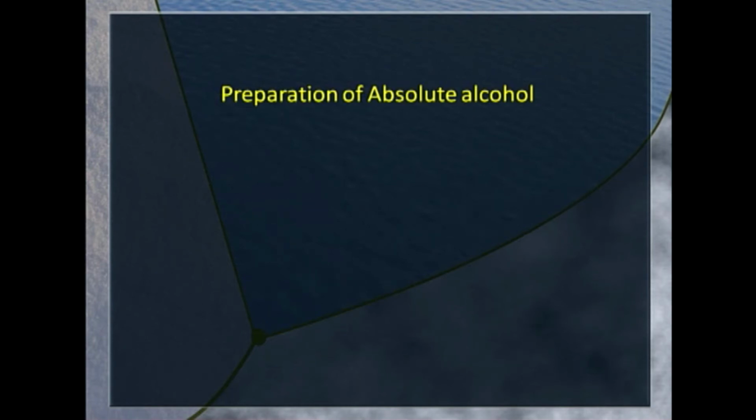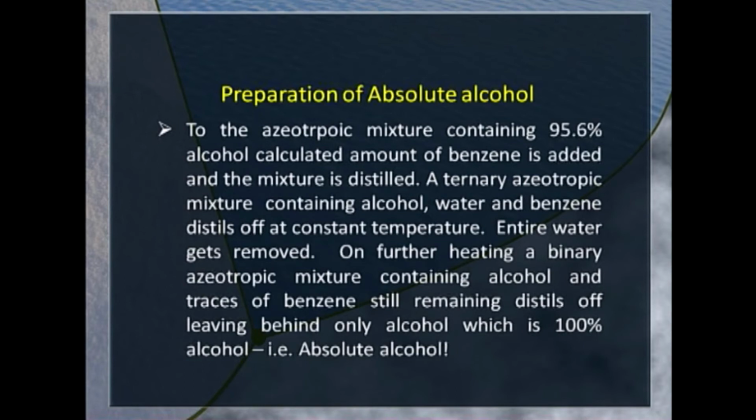We use azeotropism to kill azeotropism. To the azeotropic mixture containing 95.6% alcohol, you add a calculated amount of benzene and distill the mixture. What happens? Benzene has a tendency to form an azeotropic mixture with alcohol and water. That means a ternary azeotropic mixture is formed which distills off very easily. Entire water is taken out, and what is left?